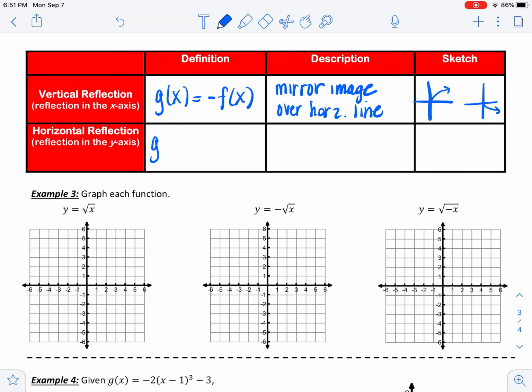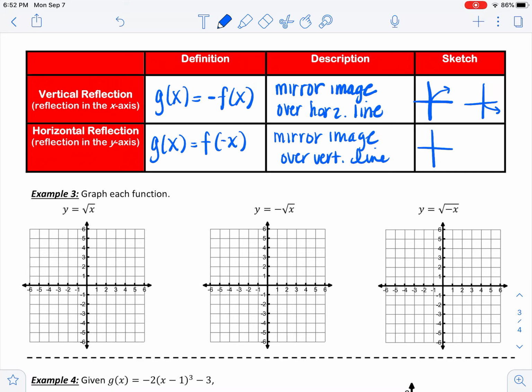Now, a horizontal reflection, you'll have f of negative x. So inside the parent, there will be a negative in front of x. And this would be a mirror image over a vertical line. So, once again, we'll use the square root function.